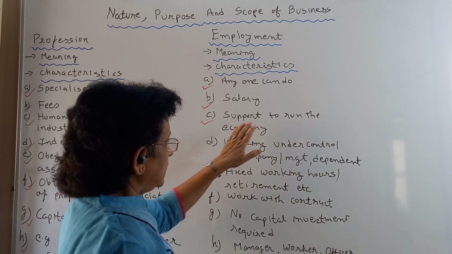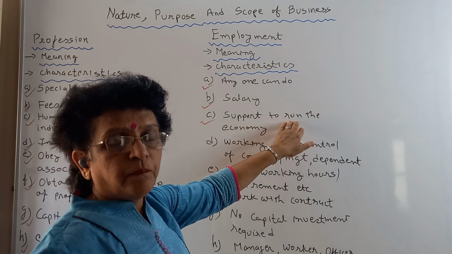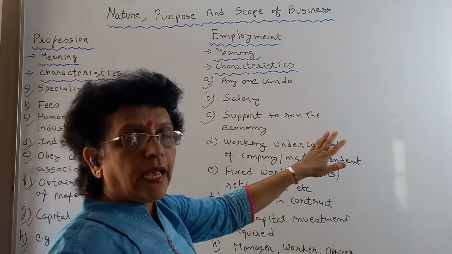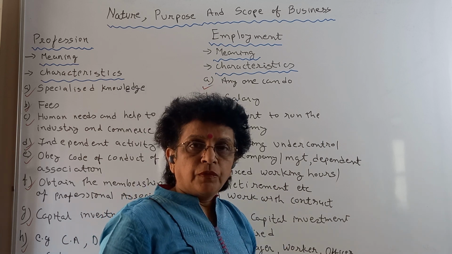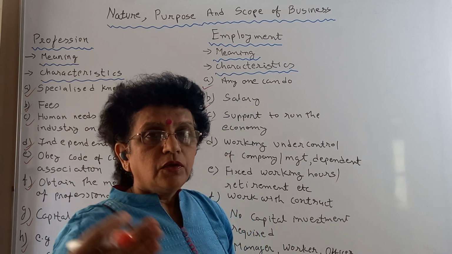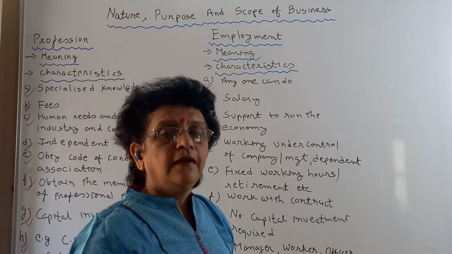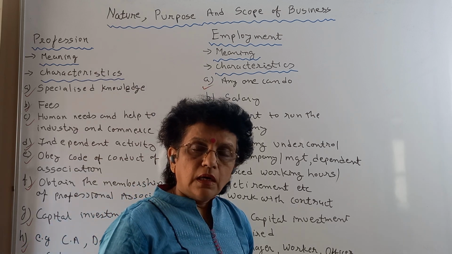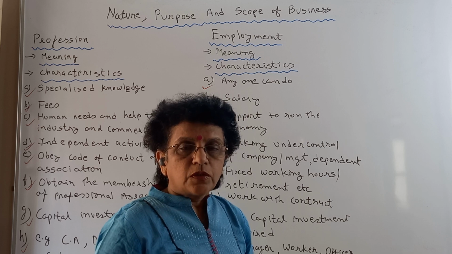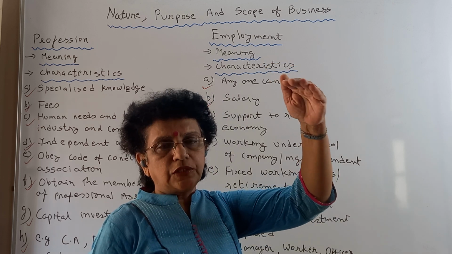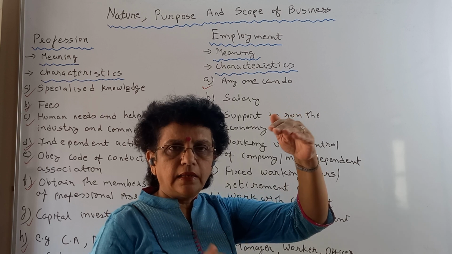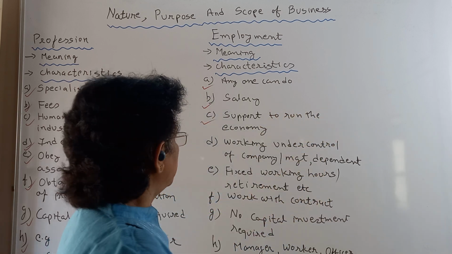Here, they are supporting to run the economic activity in the nation. Without an employee, you cannot run your company, your factory, or your other activities. So you are the leader, owner, manager, but you need a helping hand. That helping hand is going to be an employee.